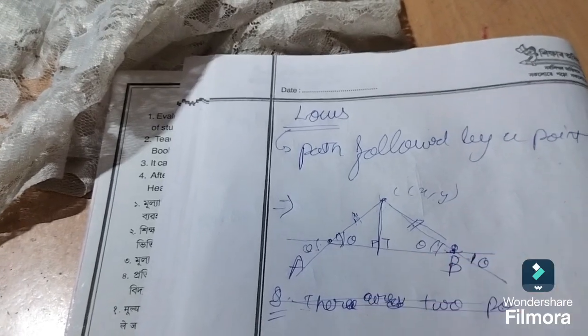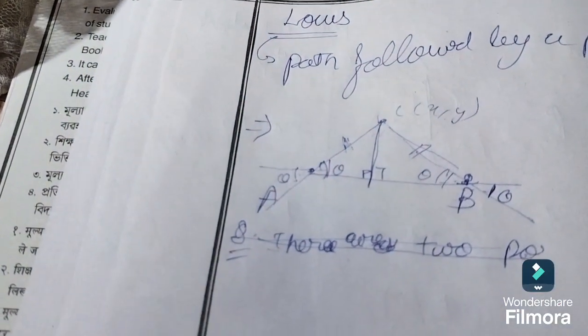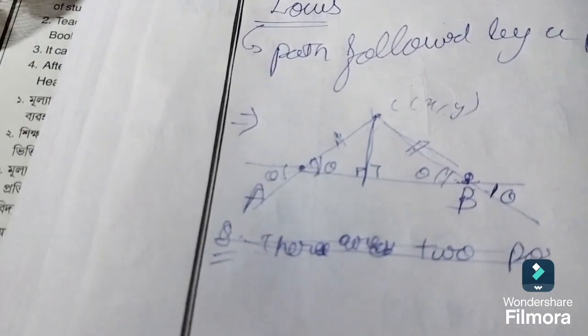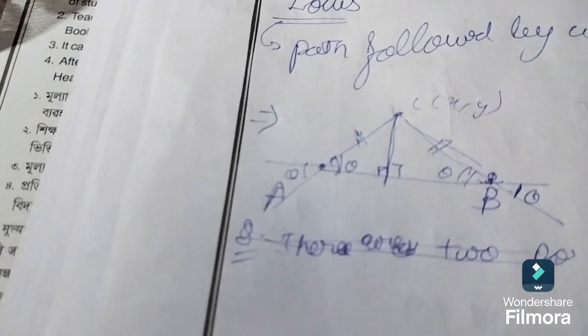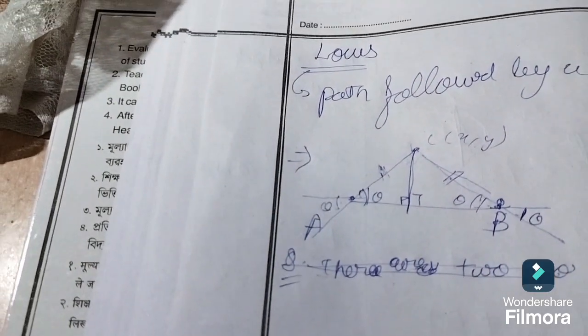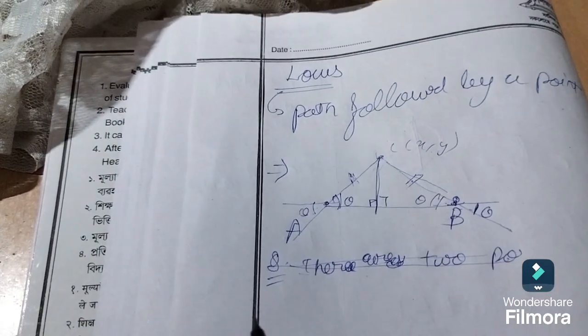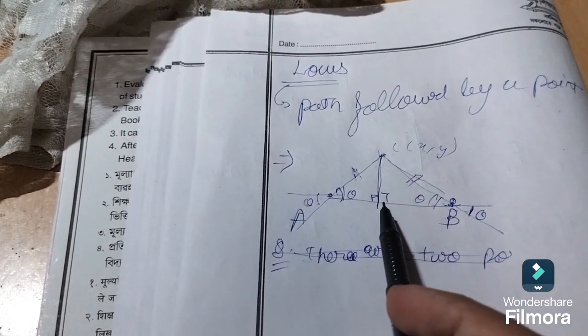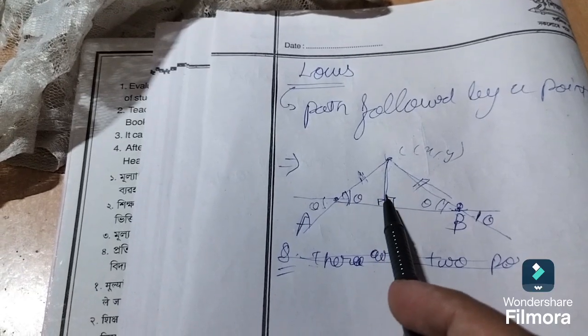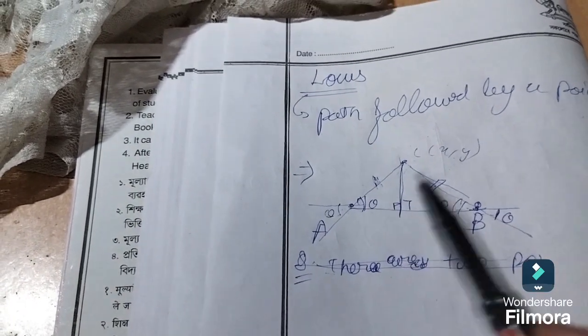Now I will show you magic. You draw a perpendicular to the base. Now do you see this is AAS. Do you see this property, AAS or RHS?